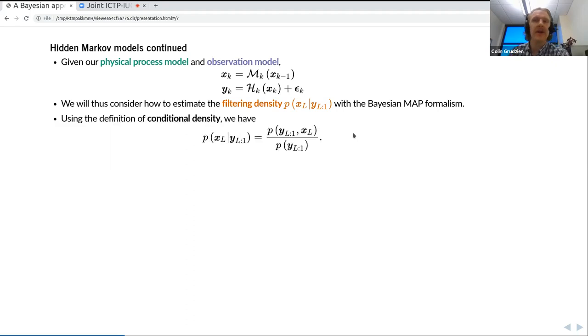And so again, if we just follow the definition of the conditional density, this is a standard axiomatic statement of probability that we can write our conditional density for the current model state given the past time series. This is also equal to this joint density for the time series of observations together with our model state, divided by the density for the observation time series.